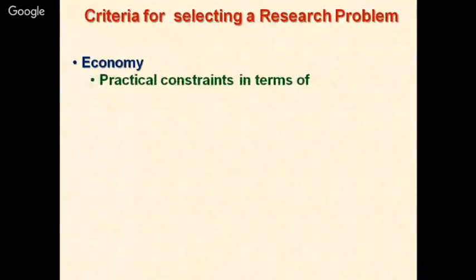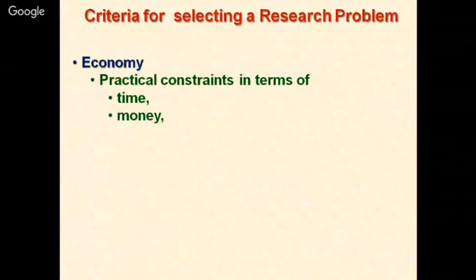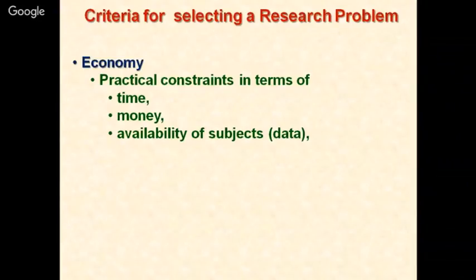Another is economy. You see, researchers are often confronted with the practical constraints in terms of time, in terms of money, in terms of availability of data. For example, you want to study the quality management practices being followed in the electronics industries of say India. Then can I collect the data from the electronics industries?